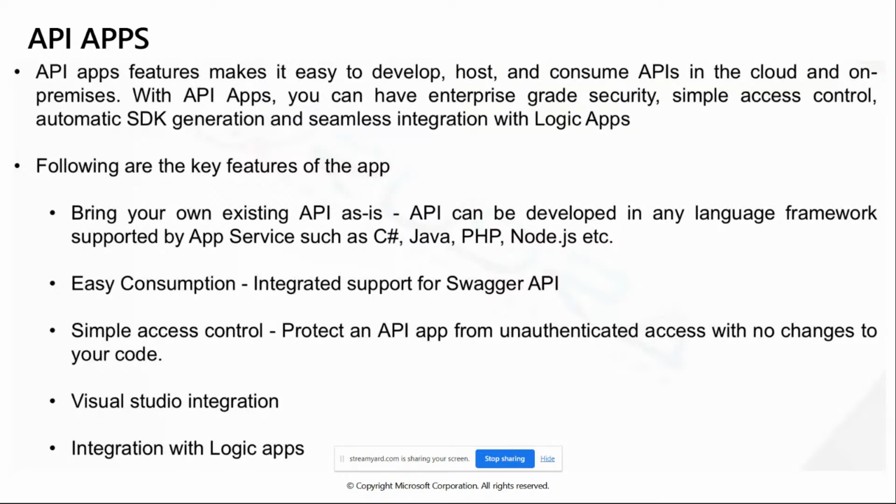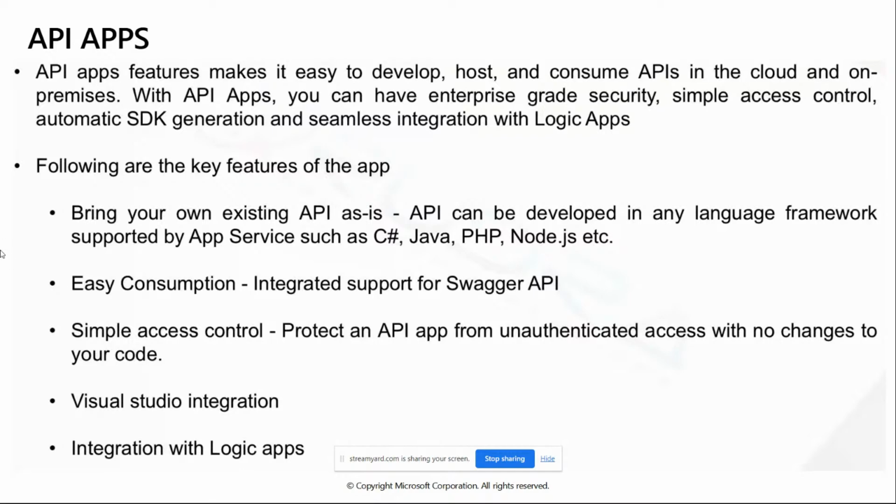If you create a resource, you will get the key and the base URL. The key is something which is used for accessing the base URL. Both will be available, and you can go ahead and use it.